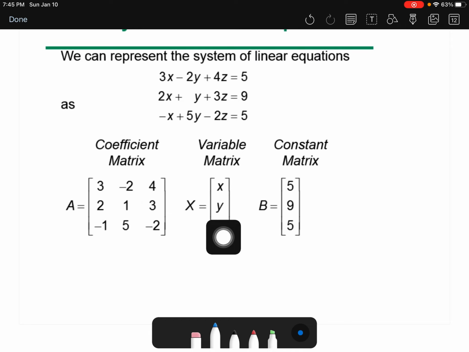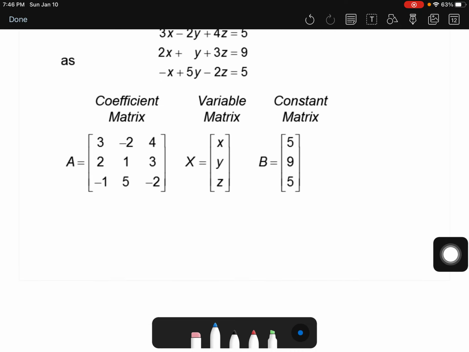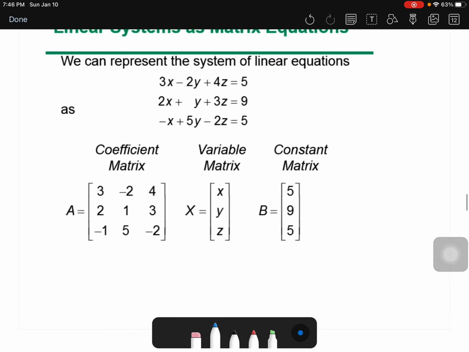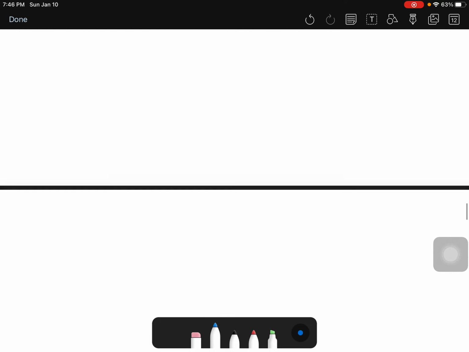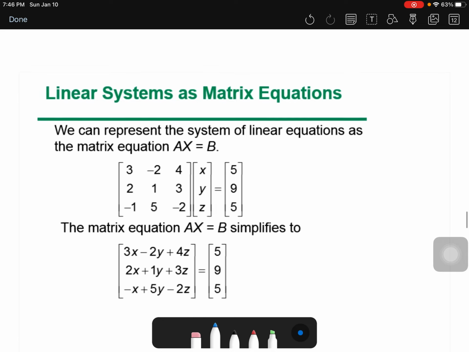So that'd be 3 times x plus negative 2 times y plus 4 times z equals 5, and that's exactly what I have there. And then I continue through that process with the next 2 rows, and that would just give me the other equations.